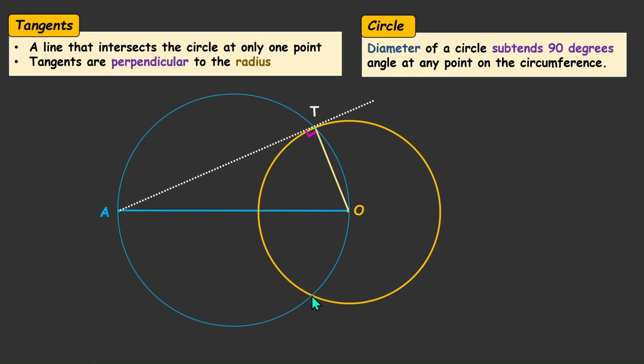So if you see on this side also, if we draw a line from A to this intersection point, then you again see this would be 90 degrees, because this would be on the circumference of the other circle, and it would be the diameter subtending 90 degrees, and also it will only touch the original circle at one point. So the problem of constructing these tangents is nothing but to construct another circle with AO as diameter, cutting the original circle at 2 points.